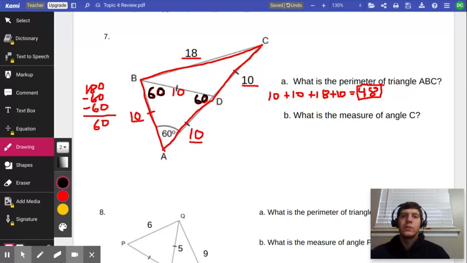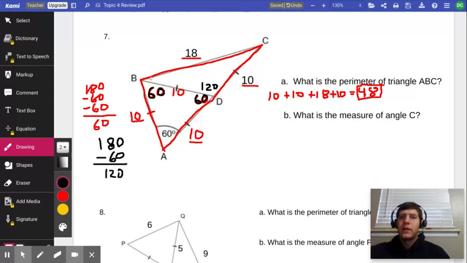So again, the three most common things you look for on these are vertical angles, linear pairs, and the three angles of a triangle add up to 180. So we just used the fact that the three angles of a triangle add up to 180 to get 60 here. And then if we notice we have a linear pair, so we can do 180 minus 60, and that's going to be 120. So this angle here is 120.